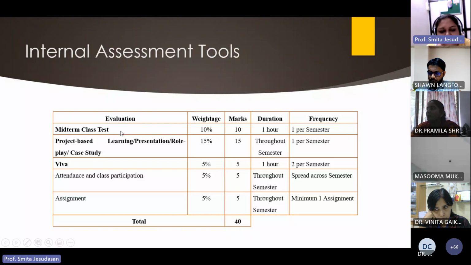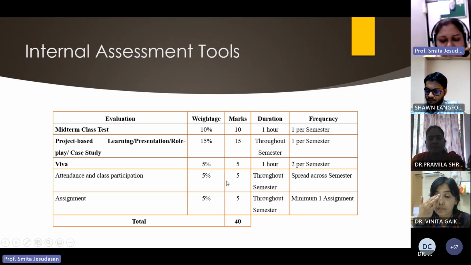So what is the marks assigned for each assessment tool? For example, midterm test carries 10 marks. Project-based learning or presentations or case study carries 15 marks. Viva carries 5 marks. Attendance and class participation carries 5 marks. Assignment carries 5 marks. So the total is 40 marks.